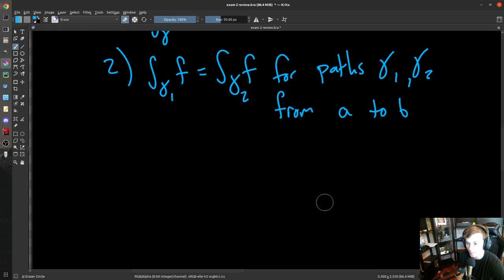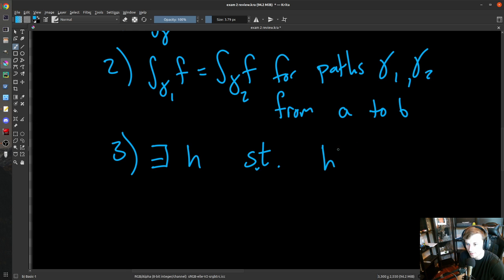And this piece was a big deal. These things are all equivalent, but the last one was that there exists h such that h prime of z is f of z.